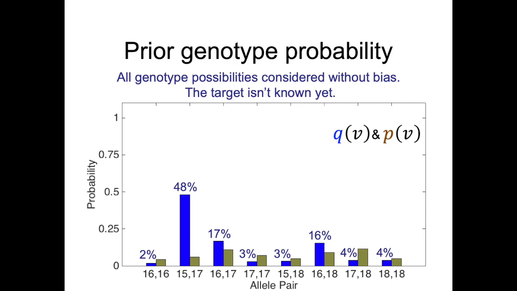That's shown in brown. The function P is indicated by the brown bars that are sitting right next to the blue bars. All of these genotype possibilities have been considered without any bias. There's no target involved in this calculation. The target is not known to the computer.